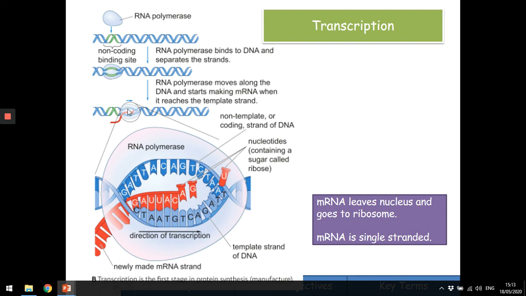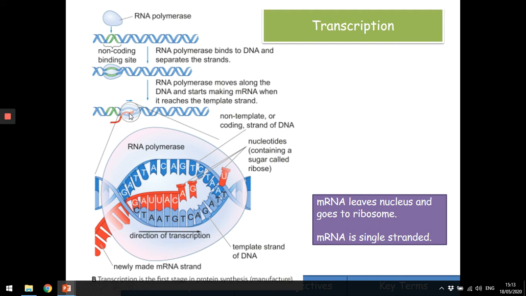Once they're separated, the RNA polymerase makes an mRNA molecule. An mRNA molecule is a messenger RNA molecule, and it's single-stranded. Unlike DNA, which is double-stranded, this is single-stranded. Because it's single-stranded, it's able to leave through the nuclear membrane and go into the cytoplasm.